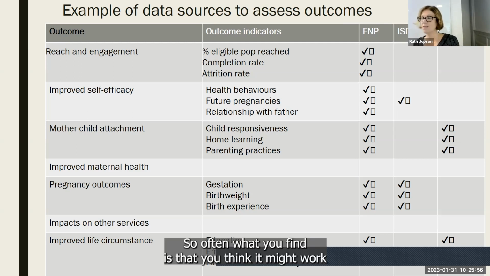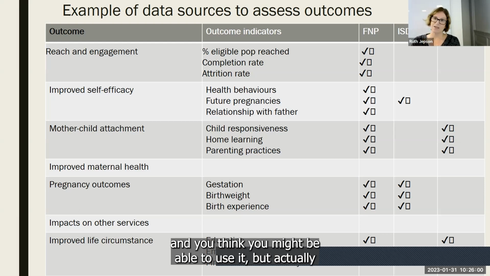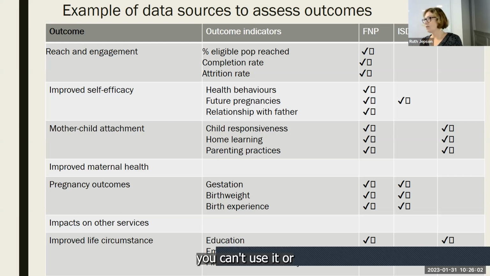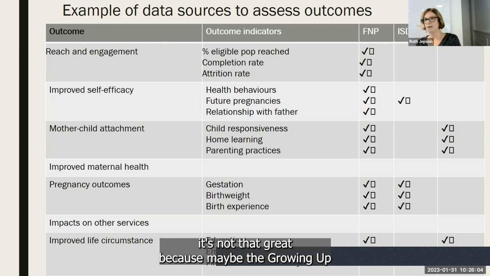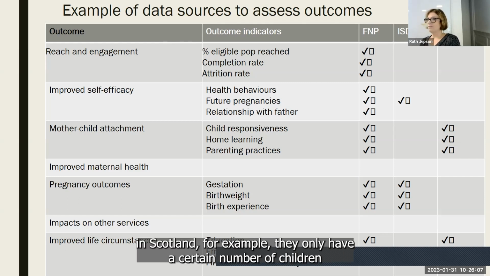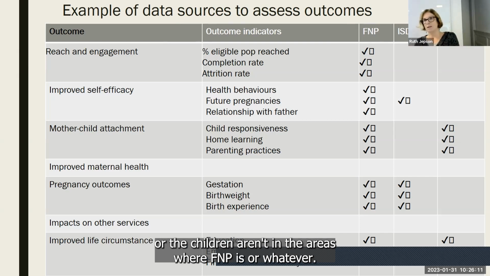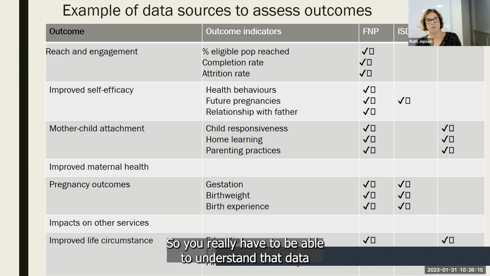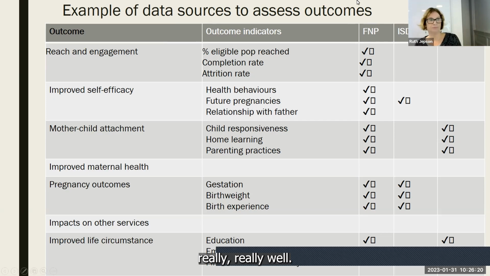So often what you find is that you think it might work and you think you might be able to use it, but actually you can't, or it's not that great because maybe in Growing Up in Scotland, for example, they only have a certain number of children, or the children aren't in the areas where FMP is, or whatever. So you really have to understand that data really, really well.